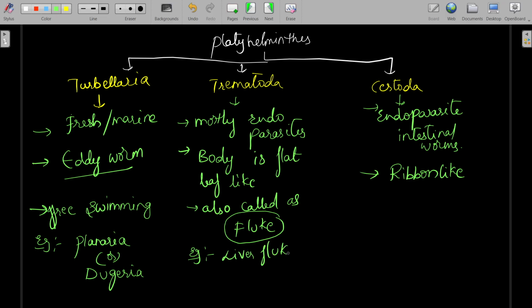This liver fluke causes liver disease in man, sheep and snail, both of which are hosts. This is called Fasciola hepatica.